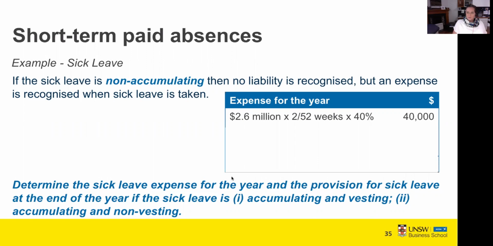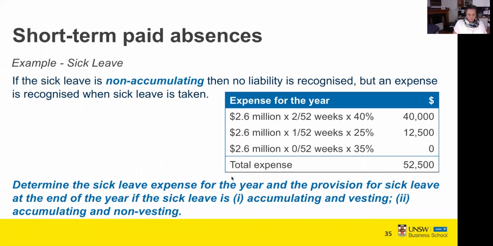So 40% of employees took their full entitlement, which was 2 weeks. So the expense for the 40% that took 2 weeks of leave is $40,000. 25% took 1 week and 35% took none.